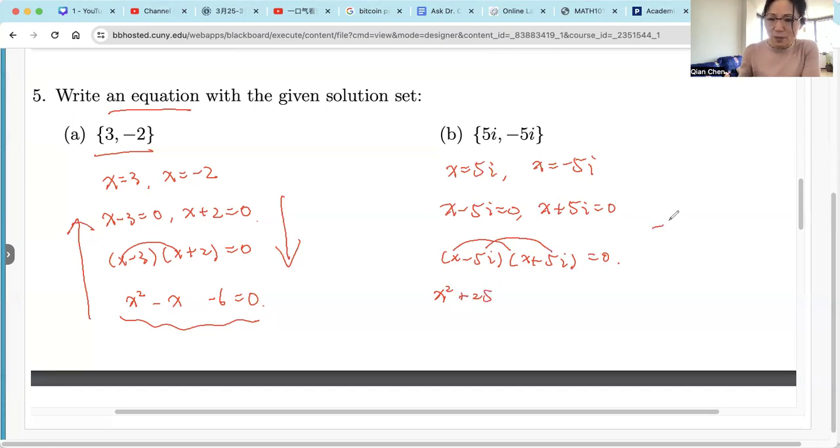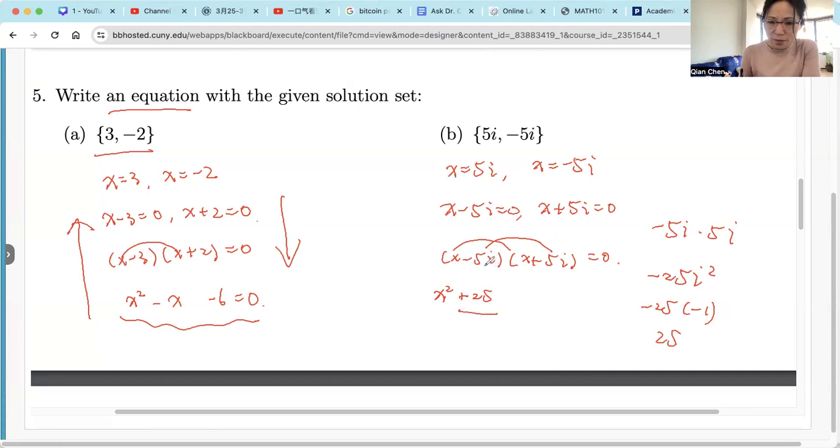Let's see why. Negative times positive is negative. 5 times 5 is 25. i times i is i squared. What is i squared? i squared is -1. -25 times -1 is positive 25. That's why we have positive 25 here.